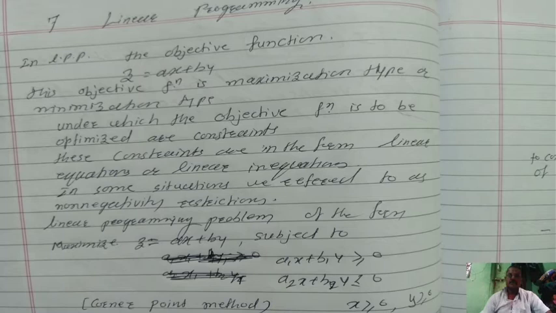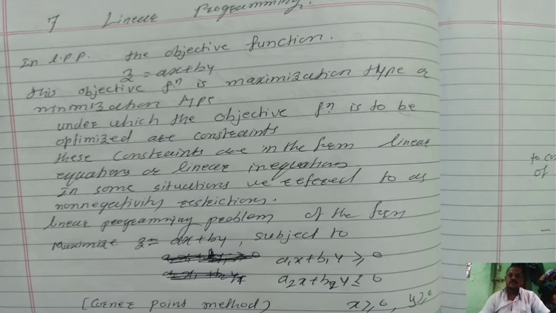These constraints are of the form linear equations or linear inequations. In some solutions we refer to non-negativity constraints. We have to first see the objective function z, that is ax plus by of this type.